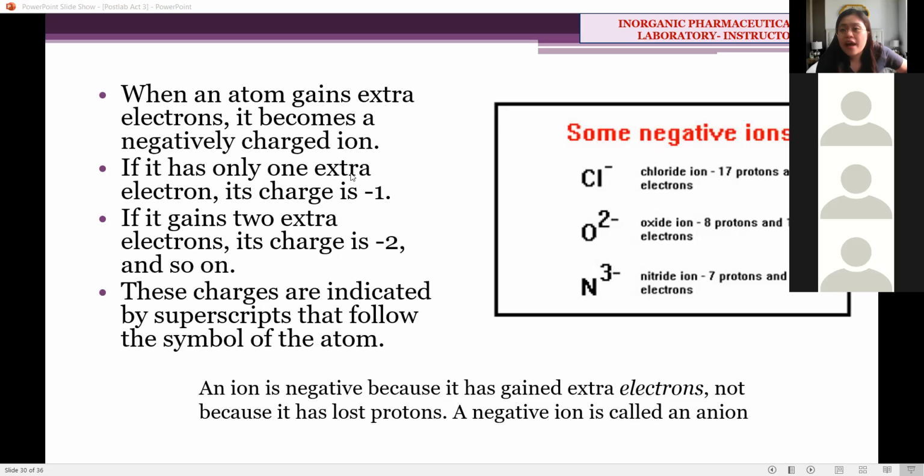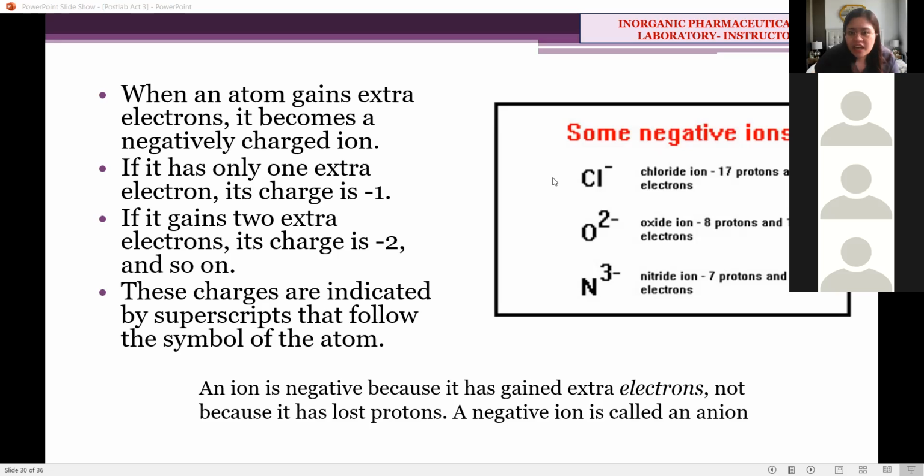That's how you know: when negatively charged, it gained electrons, so it has more electrons. But when positively charged, it lost electrons, so it has more protons. Okay? But the protons, class, do not change. Only electrons can be gained or lost.